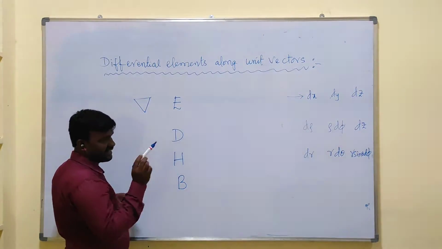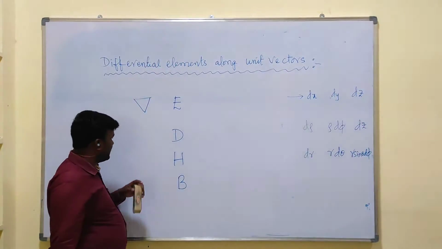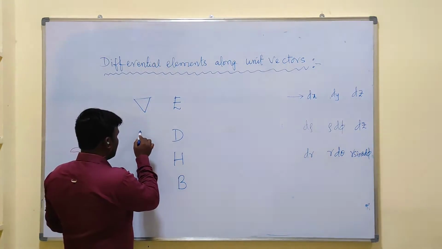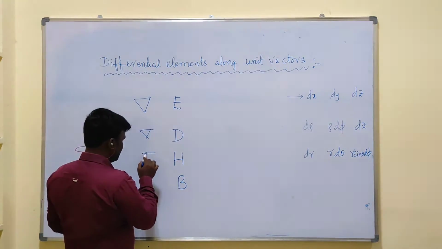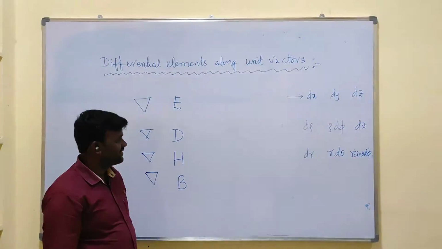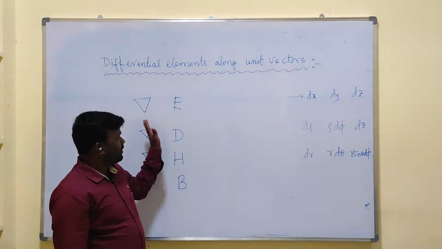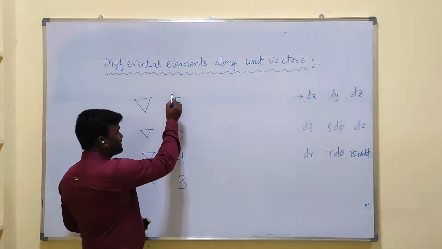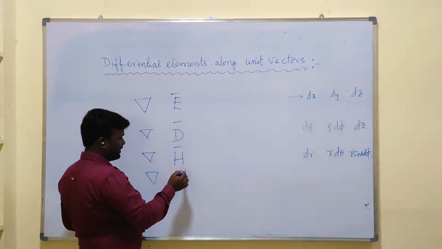Here I am considering divergence and curl cases only. If you apply del like this, like this, like this. Now your question is, we can apply curl and divergence basically on vectors. These are the vectors.